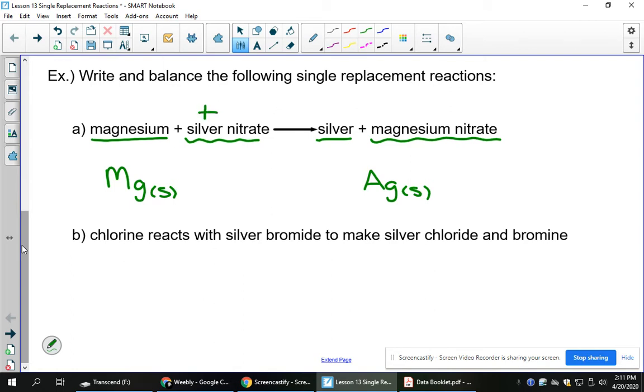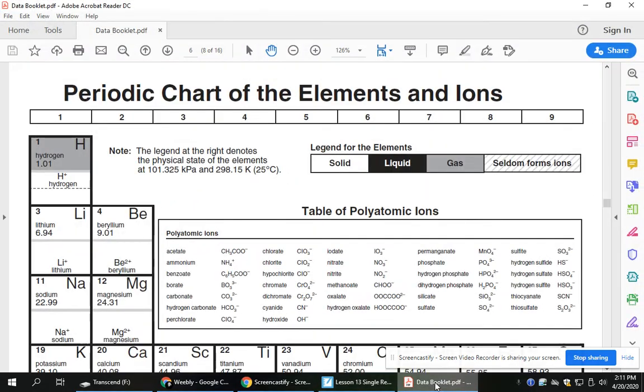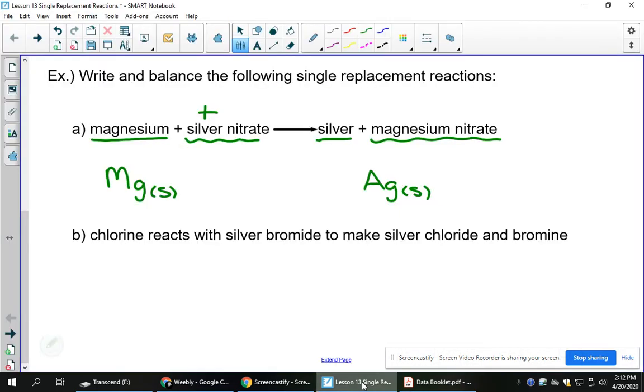And nitrate, since it ends in ATE, it's polyatomic. So I'm going to the box of polyatomic elements, which on your data booklet is right here on the left page, and I'm going to find nitrate. So I found nitrate, NO3, and it's got a charge of -1.